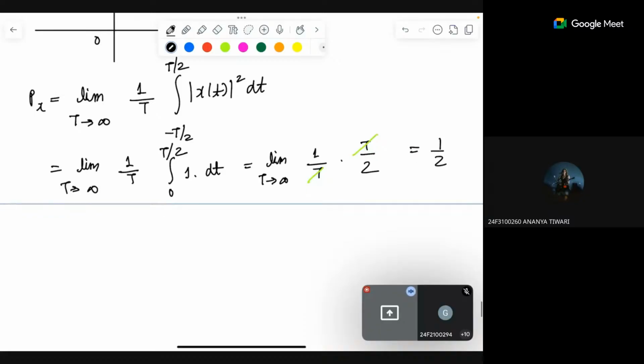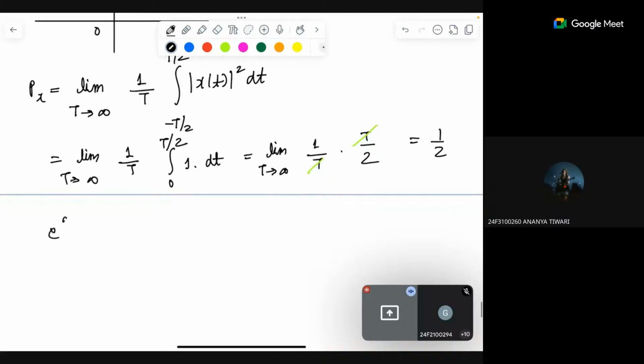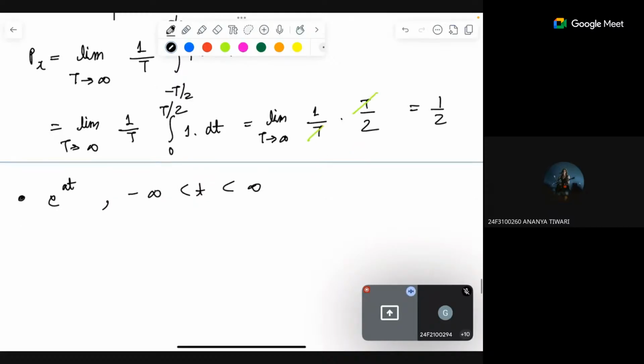Now let us take this signal e raised to the power of at. This is lying between minus infinity to infinity. Irrespective of whether a is positive or negative, on one of the sides it will go to infinity, so my power will be infinity.